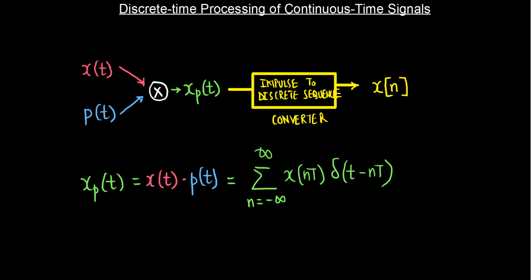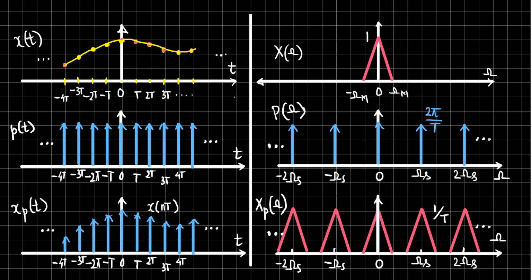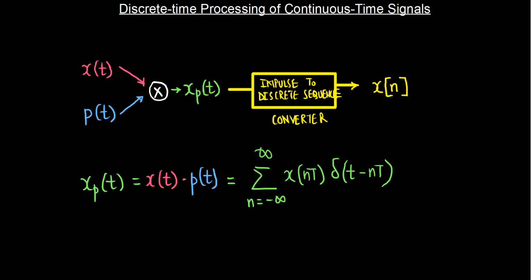Why is that? Because p of t is the train of impulses. These are the train of impulses, and after multiplying them together, we are going to get the expression something like this. We have seen this already.